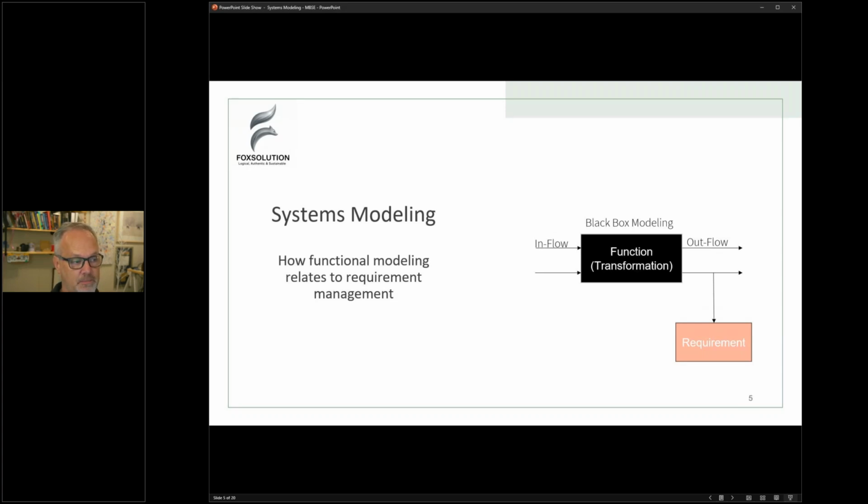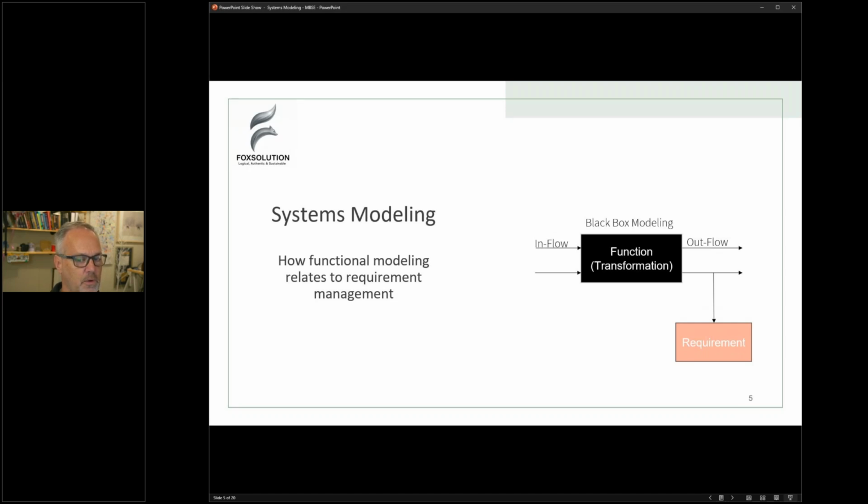So the outflow might be something mechanical, like a shaft torsion, or it might be something related to usability. The user will turn the device on and off. There's an interface between the person and the device, and that requirement would characterize what that interface needs to look like.